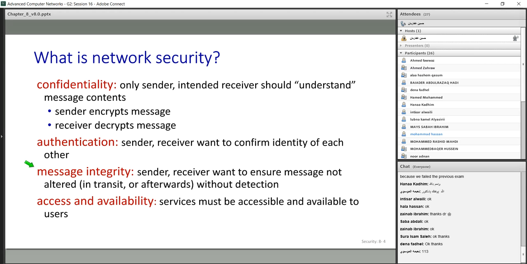I'm trying to connect to the server and receive the service. As much as I try, I see that the service is busy, and I don't receive responses from that server. Why? Because the server is under attack, under DDoS attack. So I see that the server is not available. I cannot access the server.